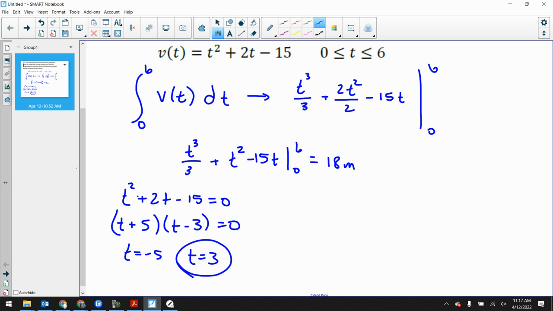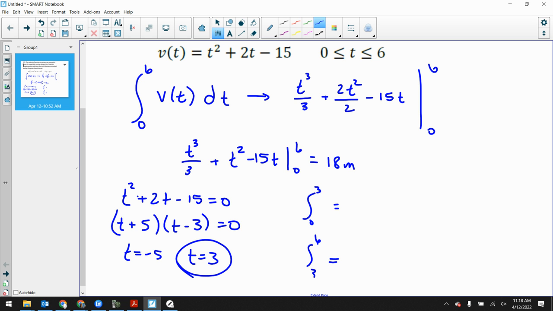Why? Because negative 5 doesn't make sense, and 3 is within my window between 0 and 6. So I'm going to find between 0 and 3, and then between 3 and 6. And whichever one comes out negative, I'm just going to make positive.